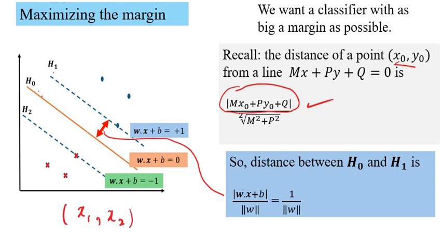This is our X. And similarly, the W would be having two components, W1, W2, since we are talking of 2D space here. And this is the norm of W. So the distance between H0 and H1 is 1 by norm of W.